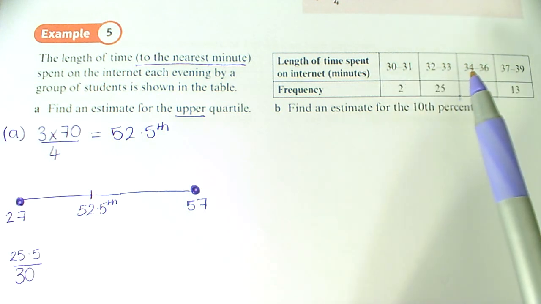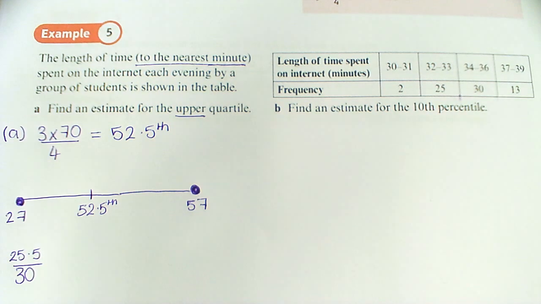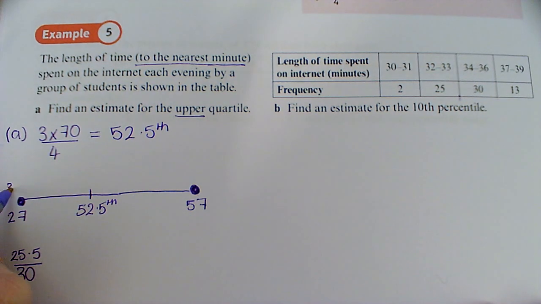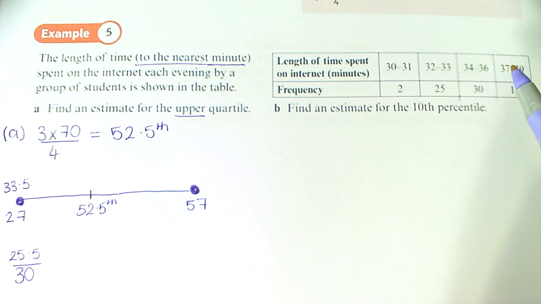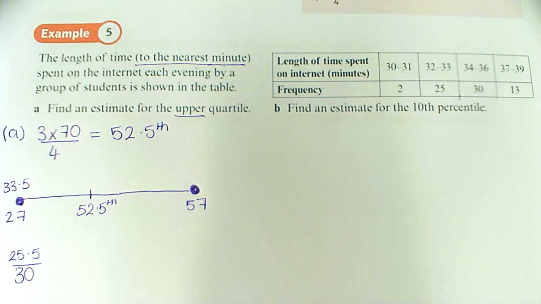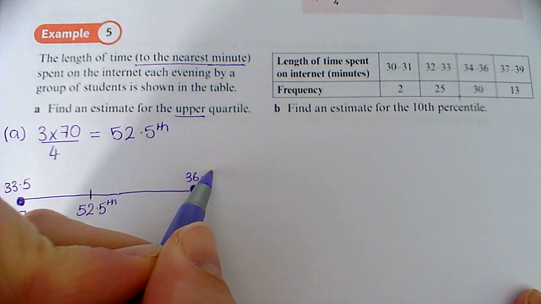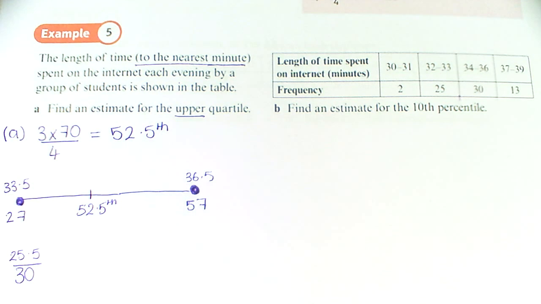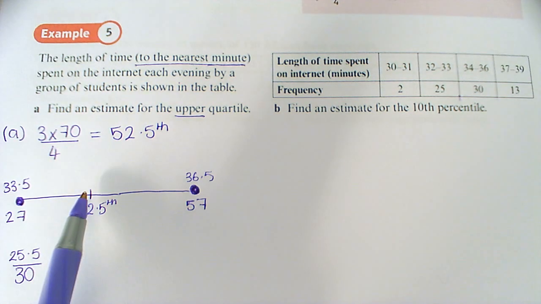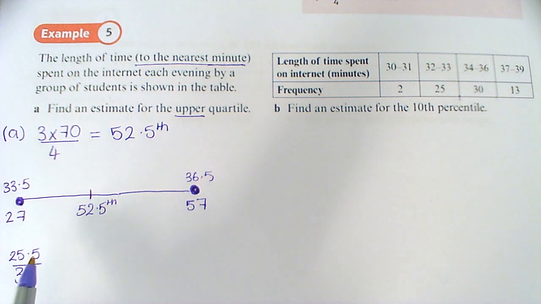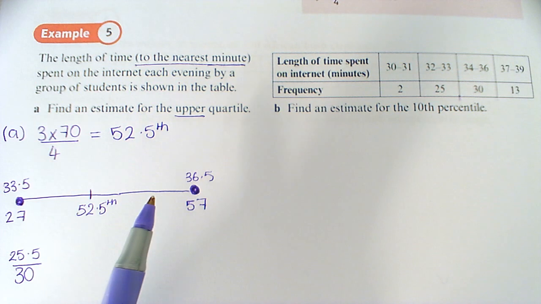Therefore, this one here won't be 34, it will be 33.5, the lower bound. And this one here won't be 36, it will actually be 36.5. So we're going to put that there. Now we need this bit of data, which is this fraction of the way in.